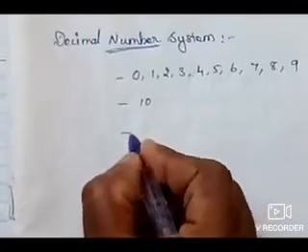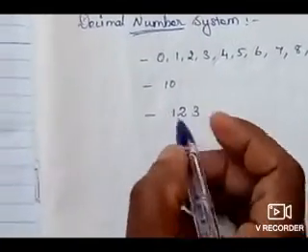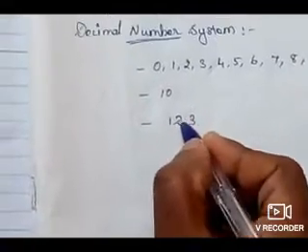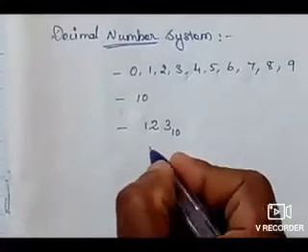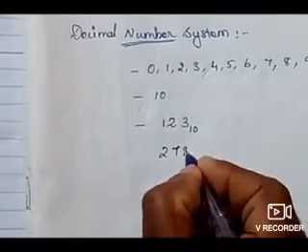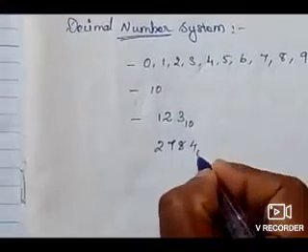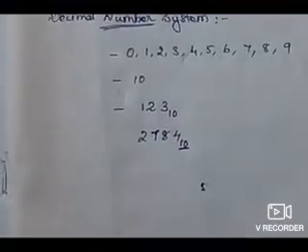An example of this number system is 1, 2, 3. This is a decimal number, and its base value is 10. Other numbers also, like 2, 7, 8, 4, are also decimal numbers. Base value is 10. This represents the decimal number system.